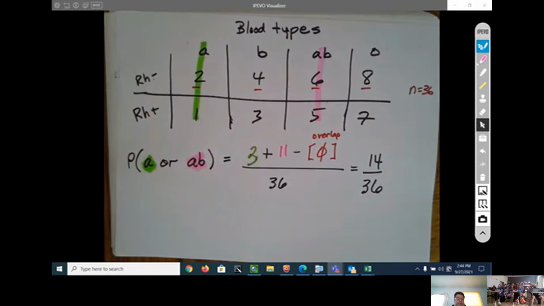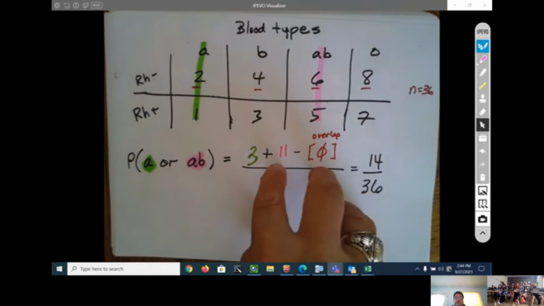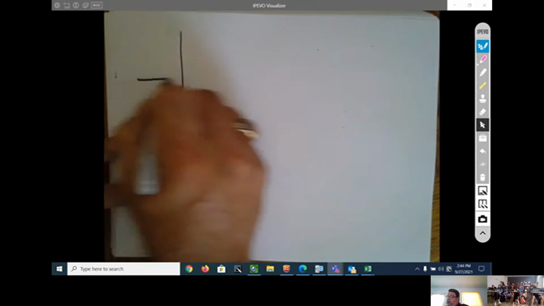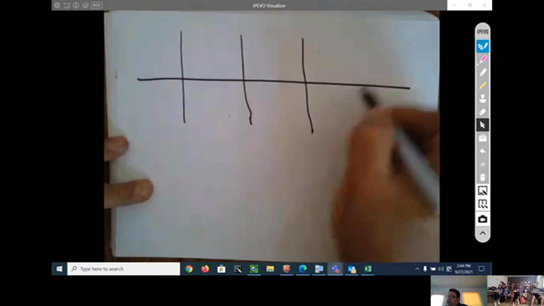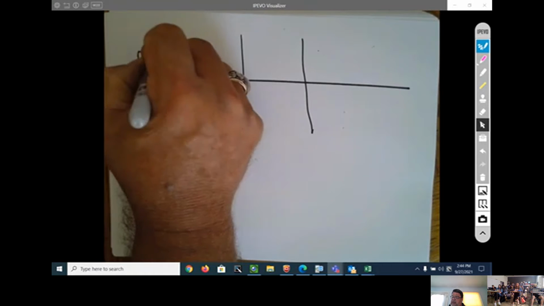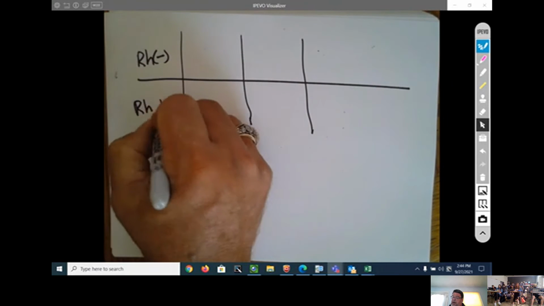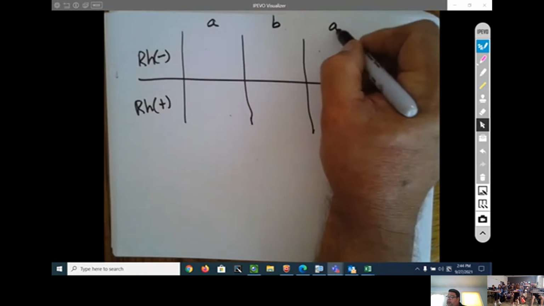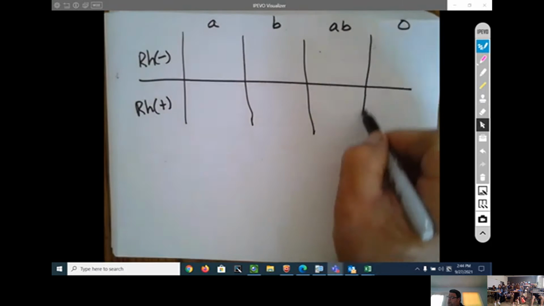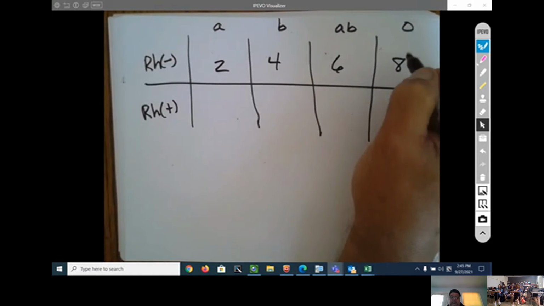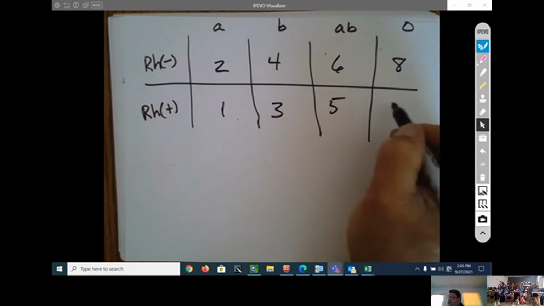All right, now I want to do another one, because this is one type of test question you'll get. Now I'm going to do the chart again. Same chart, but I can't get rid of the highlights. So RH negative, RH positive, A, B, AB, and O. And 2, 4, 6, 8, 1, 3, 5, 7.